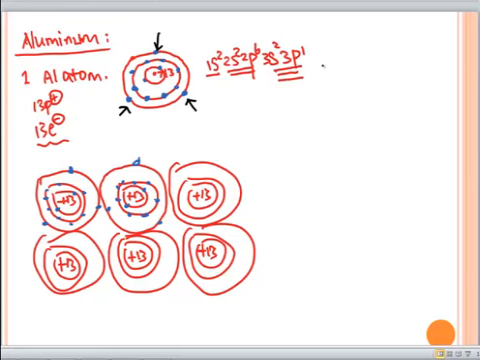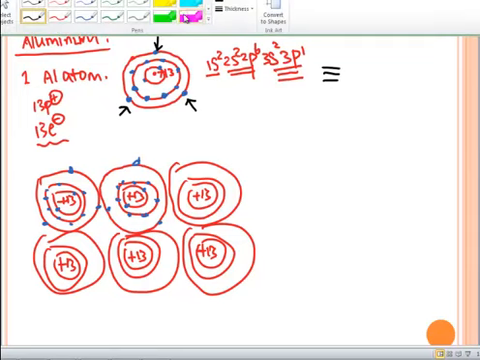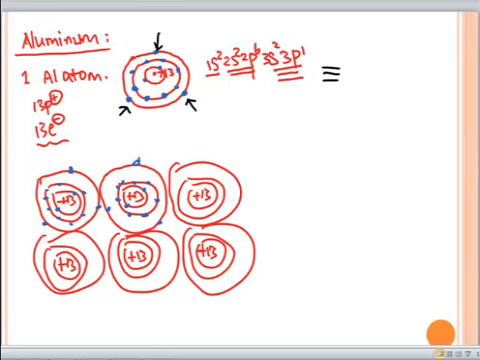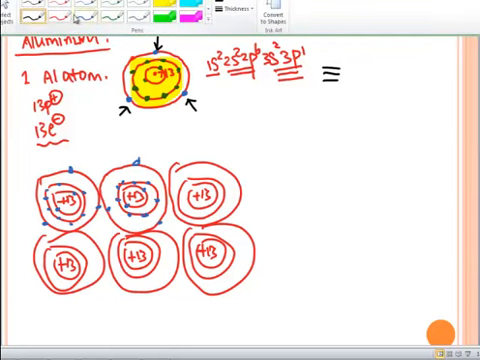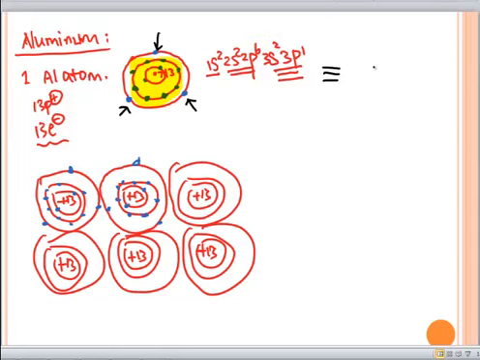Now we can write it in a way where we regard this inner part as the aluminum 3 plus ion, because you have the nucleus with 13 protons.